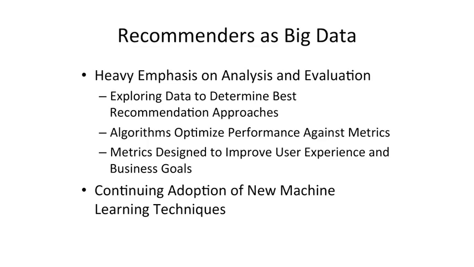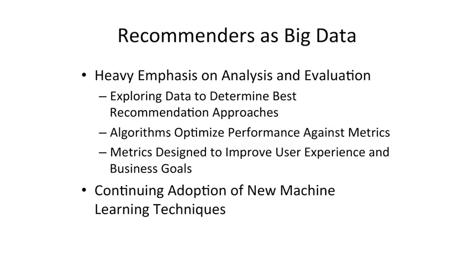One final thought. Recommenders are a wonderful example of the techniques of big data. Recommenders are heavily about analysis and evaluation, starting with this big data set of product opinions and perhaps product data, maybe even user demographics and other pieces of information we can pull together. We use that data to figure out the best recommendation approach.